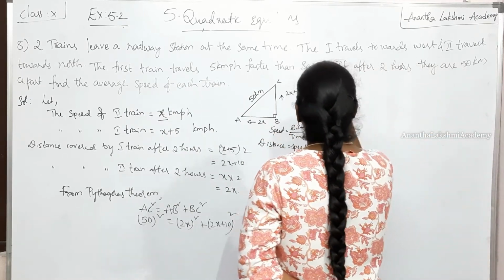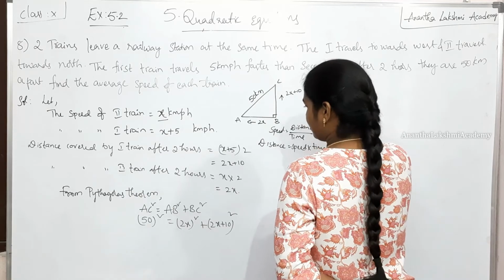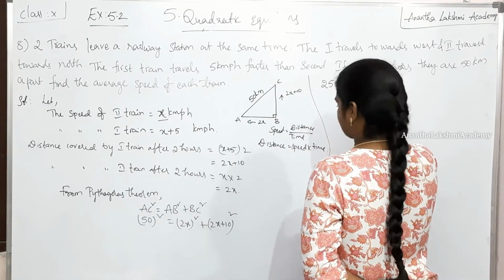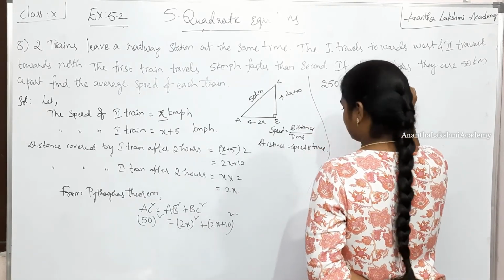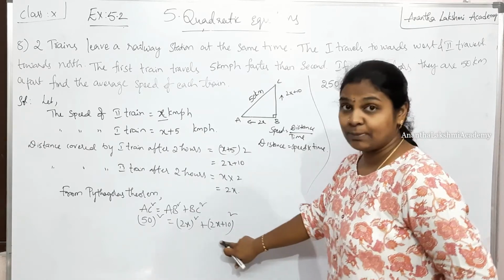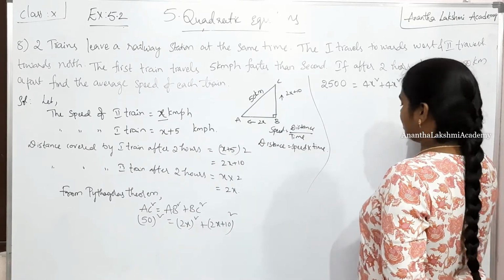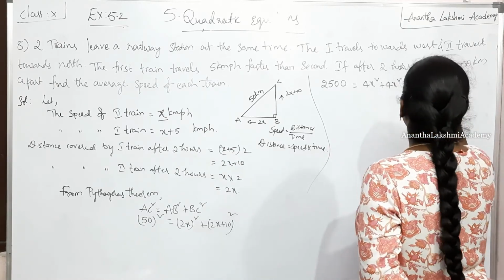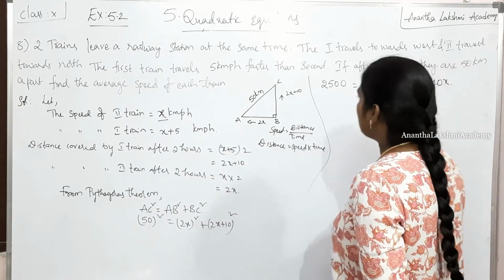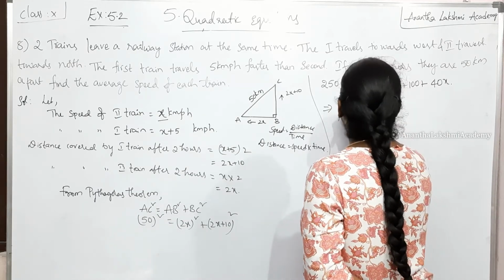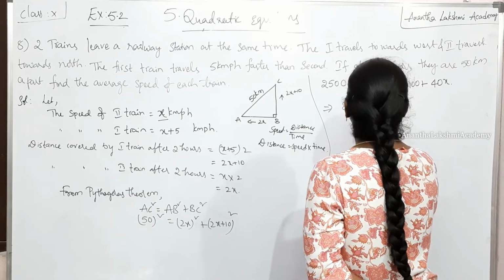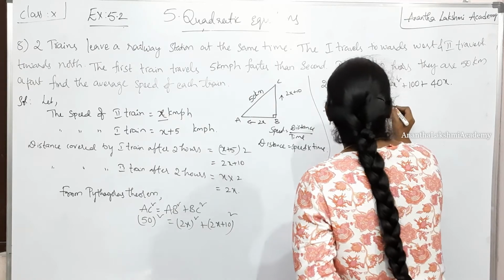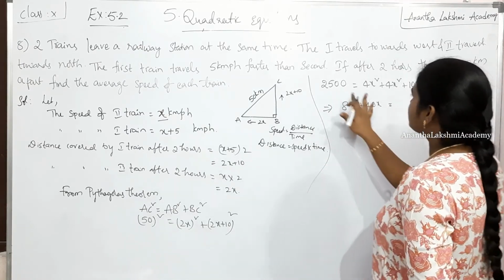So this becomes 2500 is equal to 4x square plus 4x square plus, I am expanding the a plus b whole square, 100 plus 2 2s are 4 into 10 is 40x. Alright, this becomes 8x square plus 40x is equal to 2500.